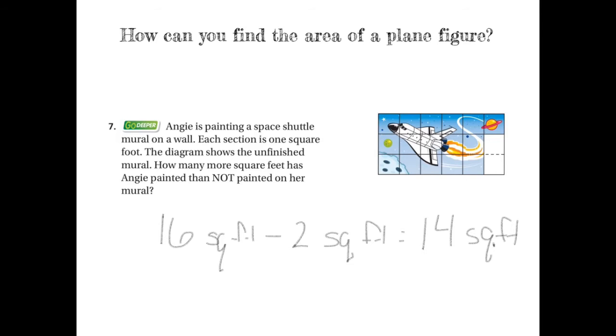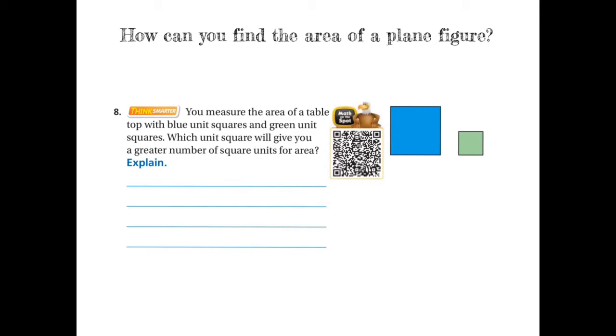Now it can get even a little more challenging because we need to start thinking about the different sizes of our square units. Check this question out here. You measure the area of a tabletop with blue unit square tiles and green unit square tiles. So blue and green. Which unit square will give you a greater number of square units for the area?